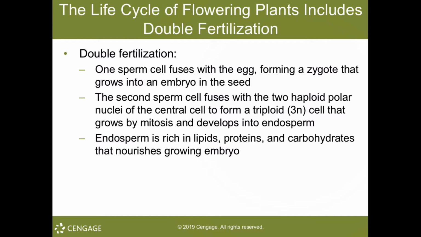cannot photosynthesize. But what it can do is, by way of imbibing water, by absorbing water, it begins active metabolism based on the endosperm. So the process of fertilization involves those 2 separate nuclear fusions. This is called double fertilization, and is, with two exceptions, unique to flowering plants.